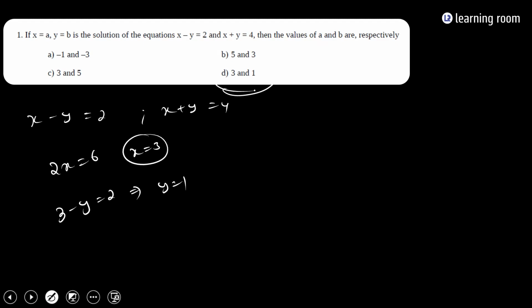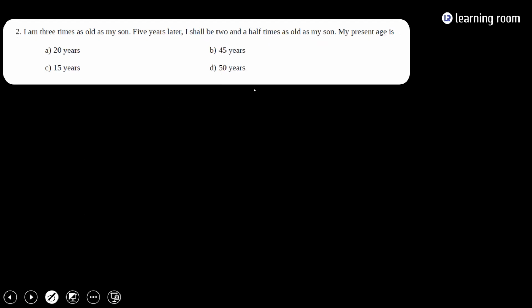Correct. So shall we have a timer and then solve the problems? Let's make it fast. Yes, sir. Good. So do this. I am 3 times as old as my son. 5 years later, I shall be 2.5 times as old as my son. Find my present age.